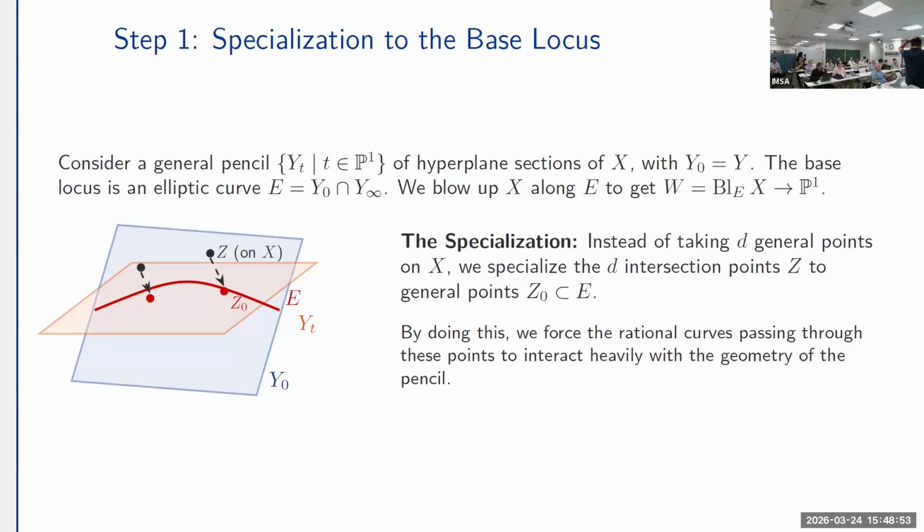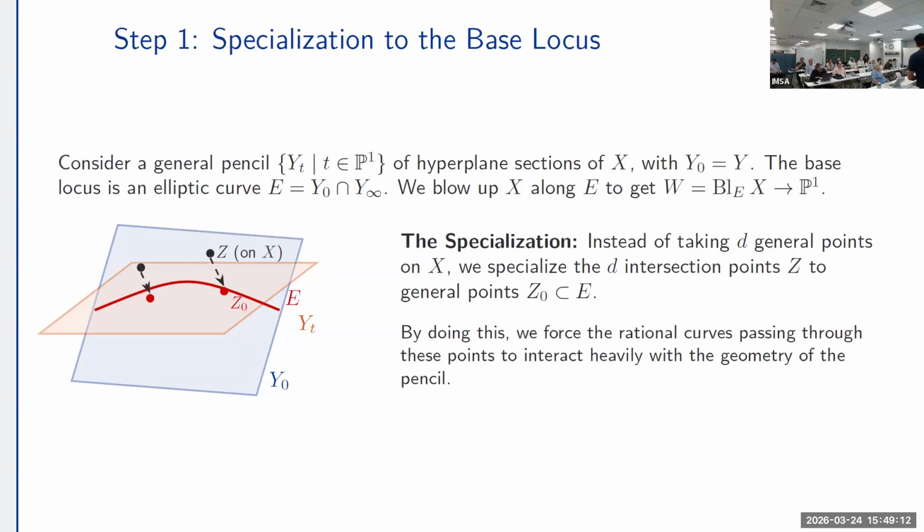So Zhang proceeds as follows. You have a threefold. Let us consider a Lefschetz pencil of hyperplanes. So you have also Y. Let us ask that this Y0 is the Y we started with.